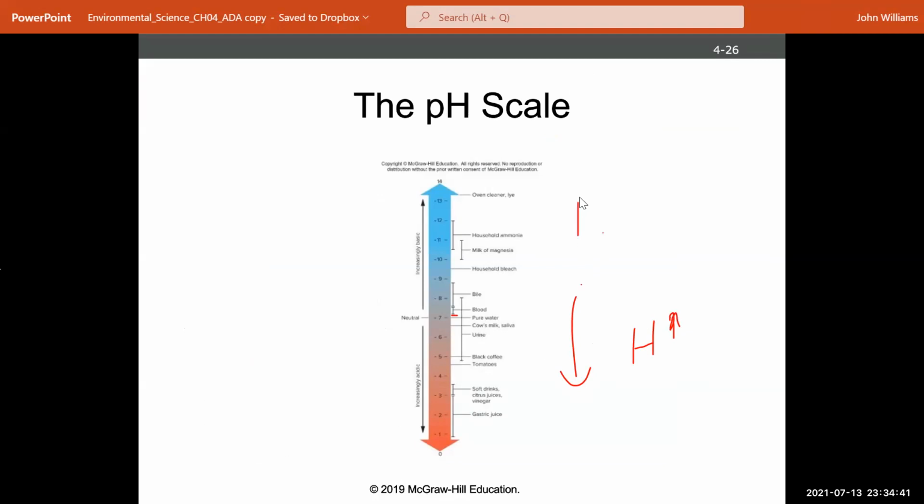As you go up on the pH scale, the concentration of hydrogen ions goes down. Okay, so that's the inverse. The logarithmic comes in that every 1 unit of change on the pH is a 10-fold change in hydrogen ion concentration.